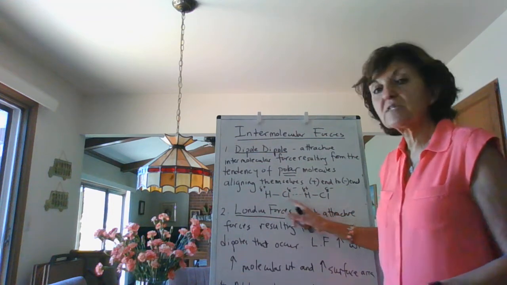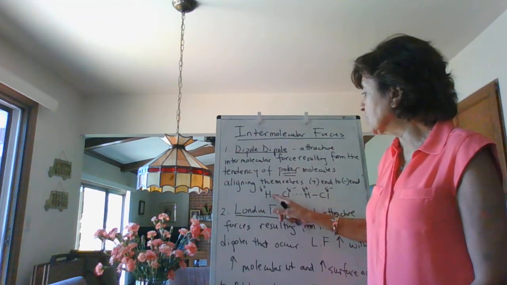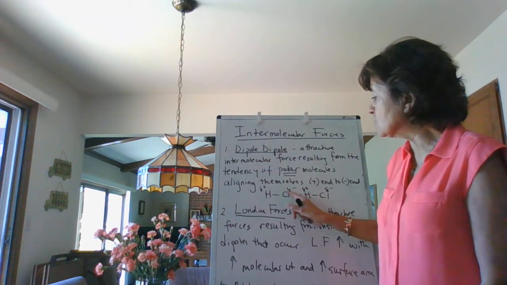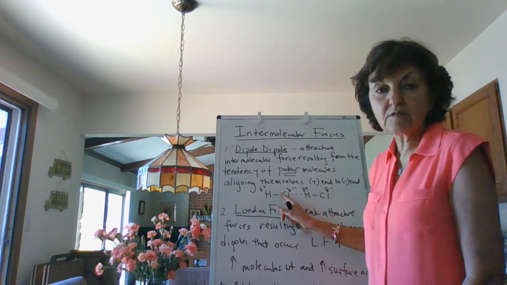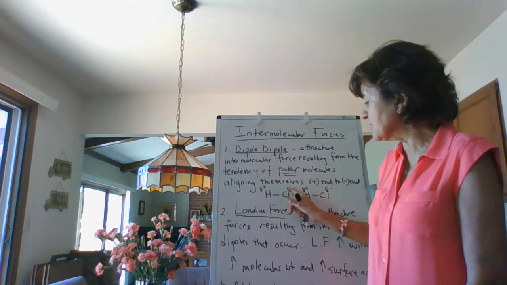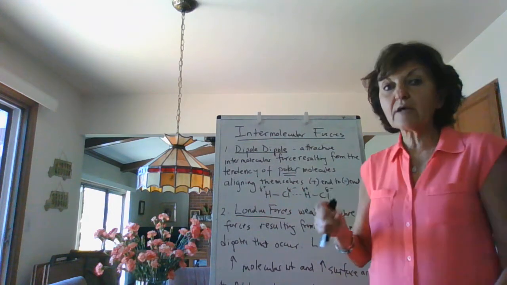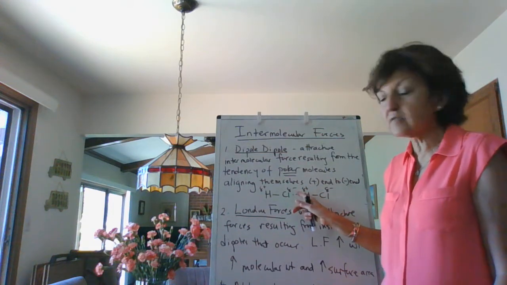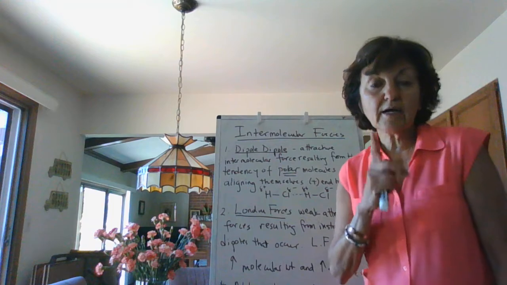So the way the HCl molecules are attracted to each other, this H, slightly positive, H plus, is attracted to the slightly negative Cl minus here. This is slightly negative, this is not an actual charge, guys. This is just a partial negative and a partial positive. This, by the way, is not a hydrogen bond.